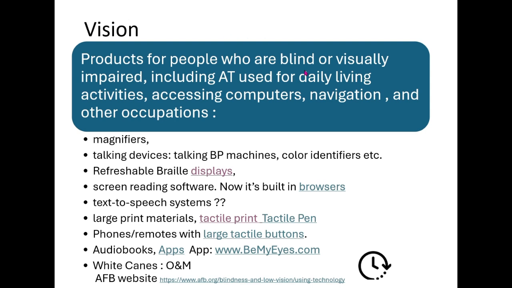People can be totally blind, which means no light perception, or visually impaired to various degrees of impairment. And the technology is assistive technology used for improving their daily activities, accessing computers, navigating in the city, going to their jobs, and performing their job tasks.